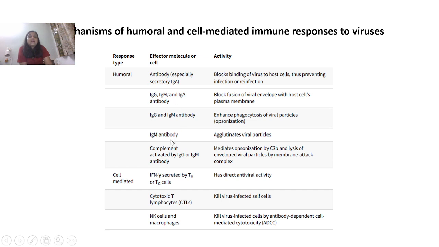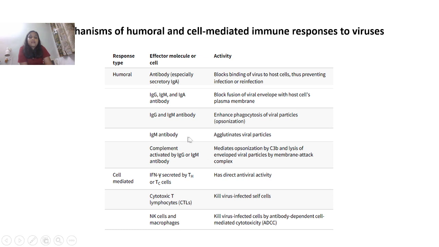Then there is IgG, IgM antibody enhance phagocytosis of virus by opsonization, which I've already taught in the complement class. There is IgM antibody which agglutinates viral particles. IgM forms a pentamer and it agglutinates the viral particles.